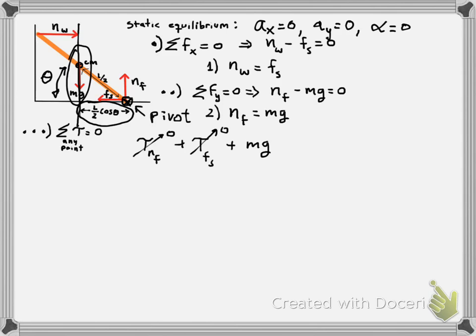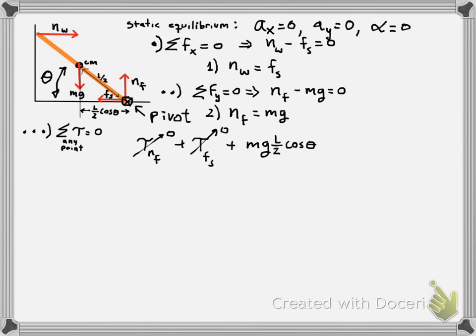L divided by 2 is the hypotenuse of the small triangle, right here, and multiplied by cosine gives you the horizontal distance. That is the moment arm of the force of gravity. So with that, we can write the torque of the force of gravity as mg. It's a positive torque because it's counterclockwise, and mg times L over 2 cosine theta. That's the torque of gravity.